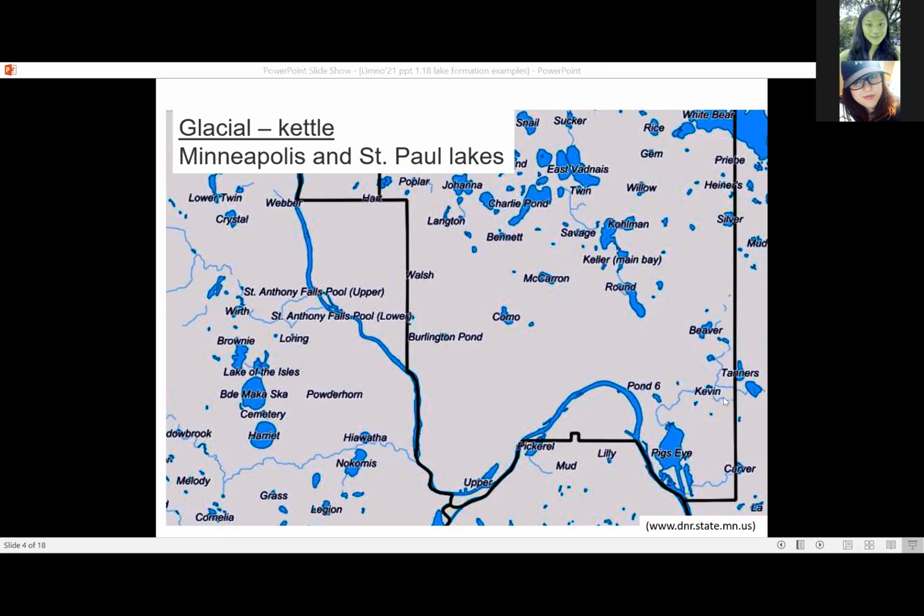And almost everything you see is a glacial lake. I think Pig's Eye is going to be a river formed lake, but almost all of these lakes are typically described as kettle lakes. But they're all glacial in origin, and there's no point in listing them because you'd be listing like 12,000 lakes.